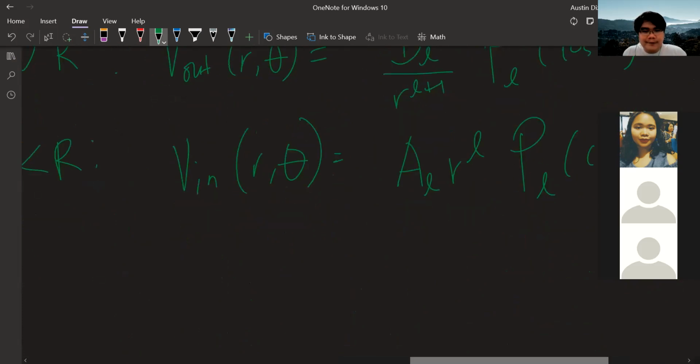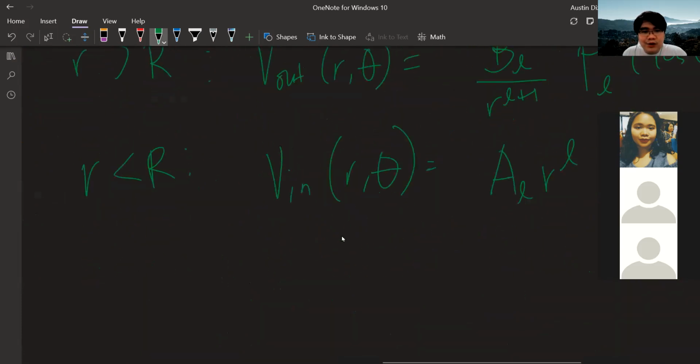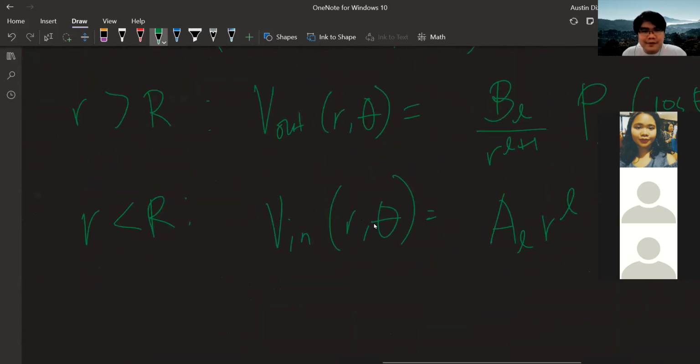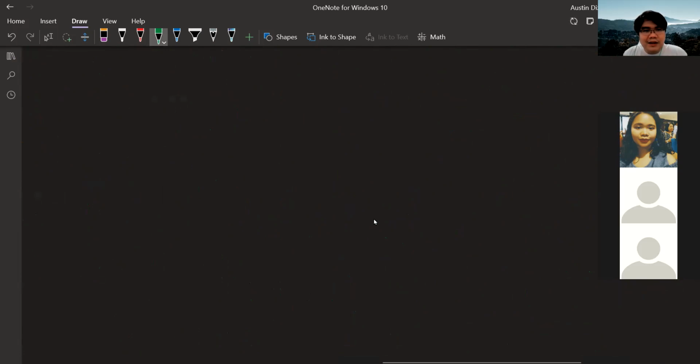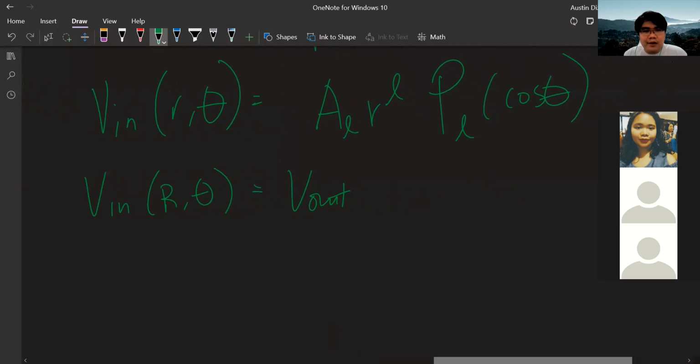Okay? Now, okay. I know that the solution must be continuous. Okay? So, V in at capital R theta and V out at R theta must be equal. Okay? Saan nanggaling to?